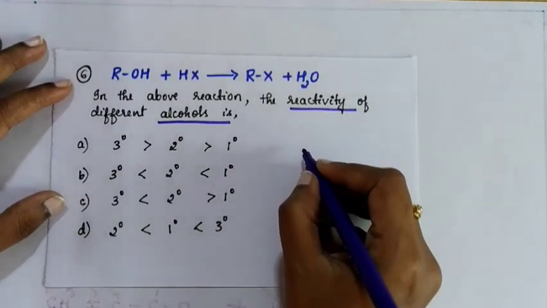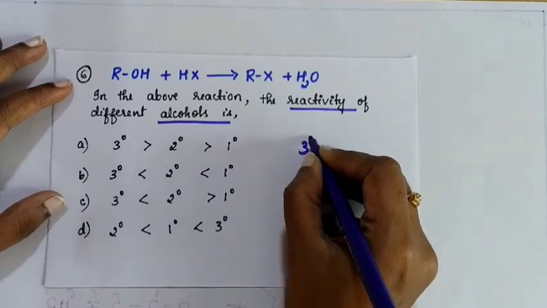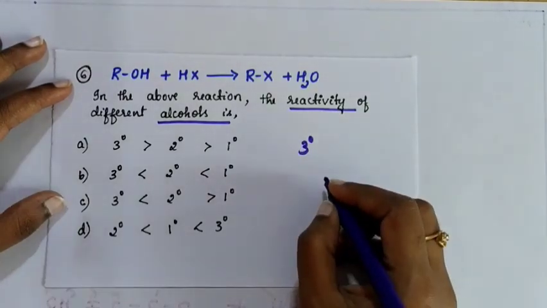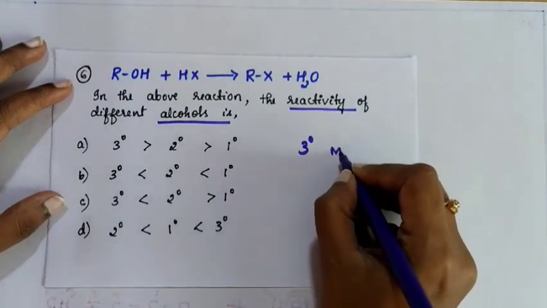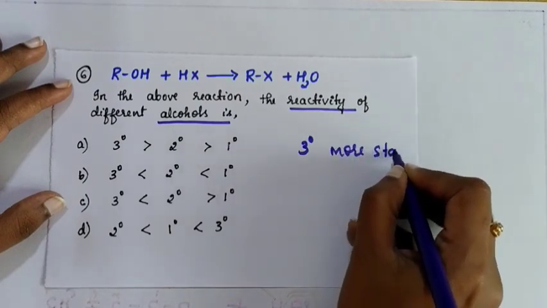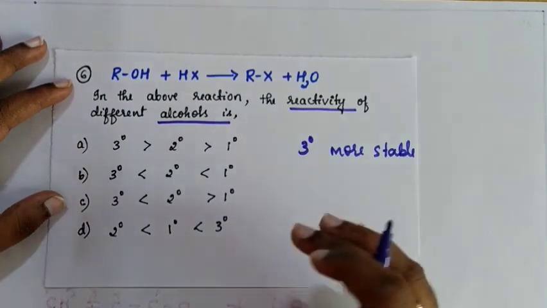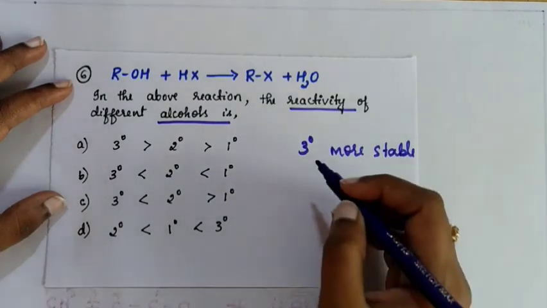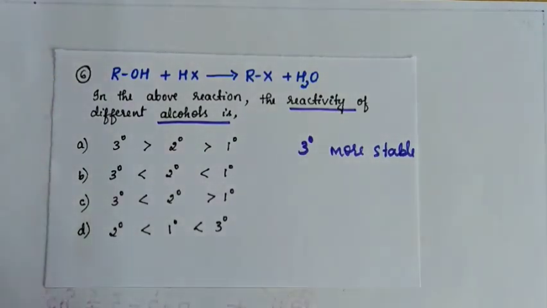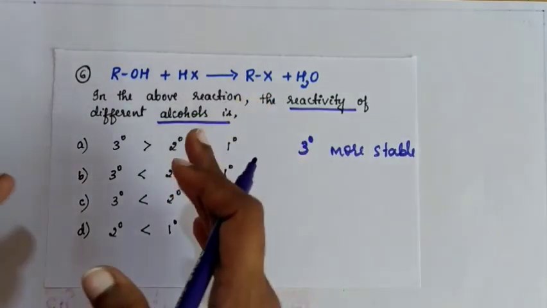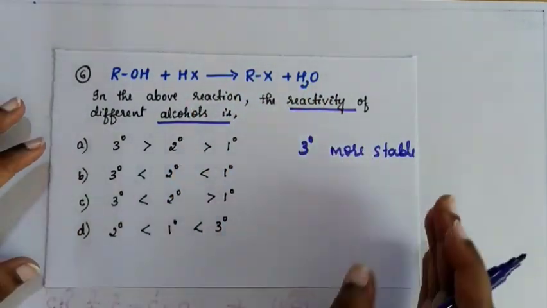We know that already, tertiary carbocation is always going to be more stable compared to secondary and primary. So tertiary alcohol will easily react in this process to form tertiary alkyl halide.